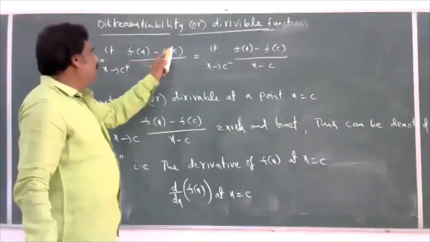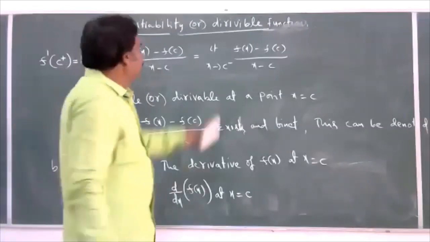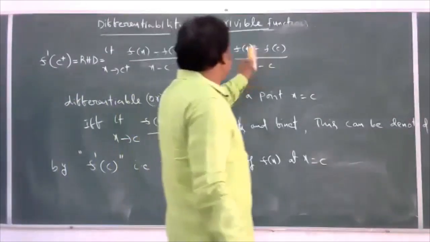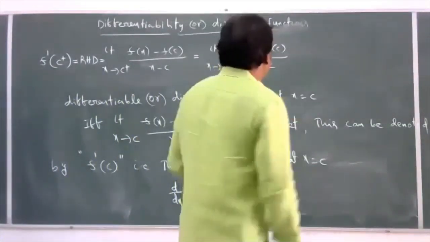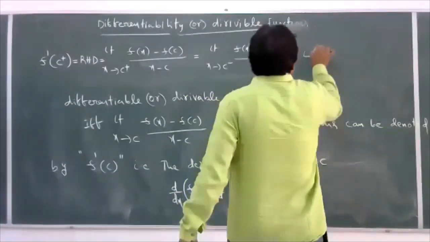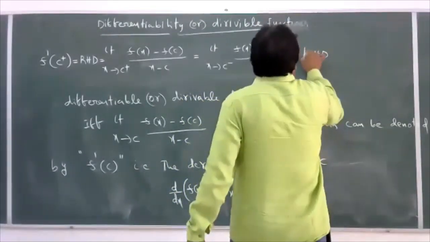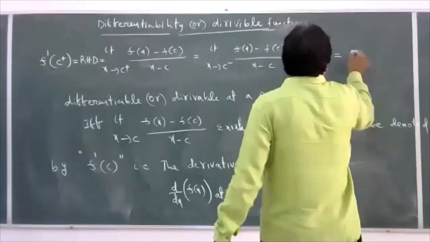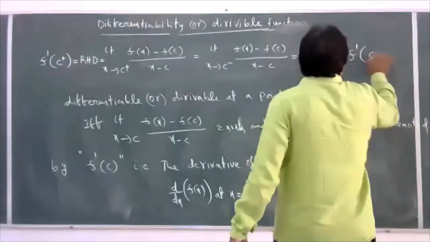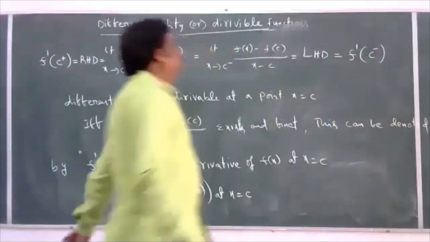The limit as x tends to c minus is the left hand derivative, LHD, written as f dash c minus.